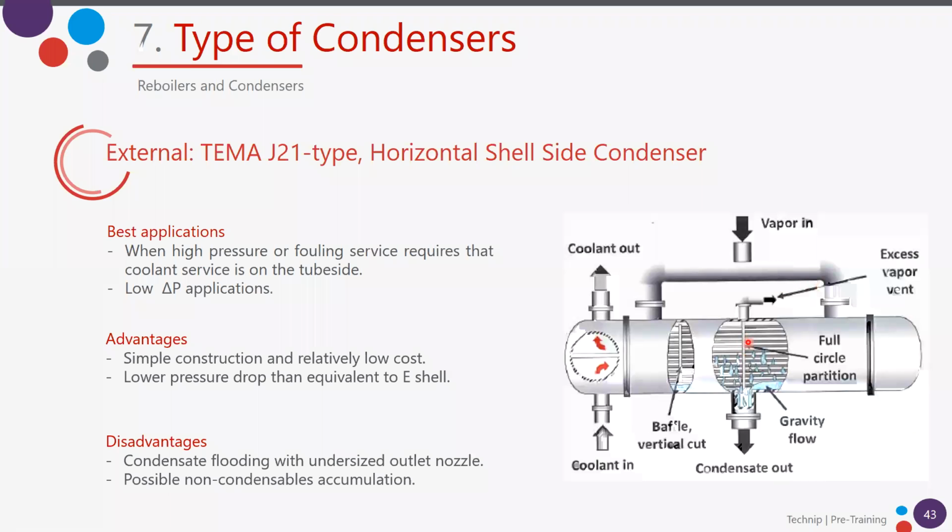We do not want this fluid to go to this part. I think maybe it's also because of the high velocity. So what will happen if you don't have this partition? A lot of the vapor goes through the excess vapor vent because it takes the easier path. So that's another reason.